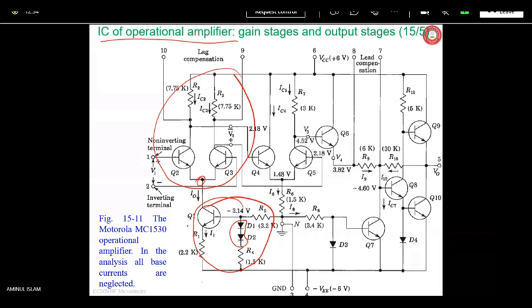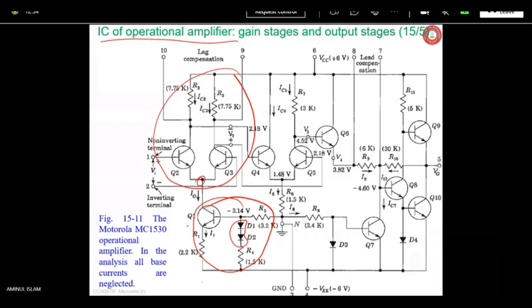And here you see it is having an emitter follower with a gain of almost 1, and you have the output or buffer stage or driver stage. Altogether we have 4 stages. Now we'll describe one by one what will be the input resistance and all of this operational amplifier.